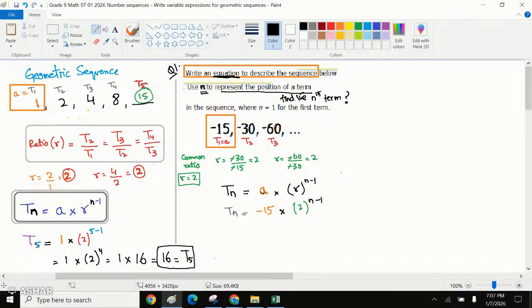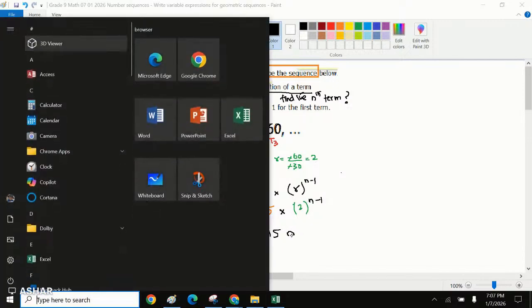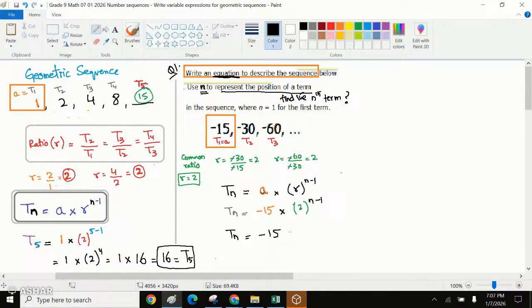What we can do is further simplify this. We can write Tn is equal to minus 15 times 2 to the power n divided by 2, because we know the rule for indices over here.